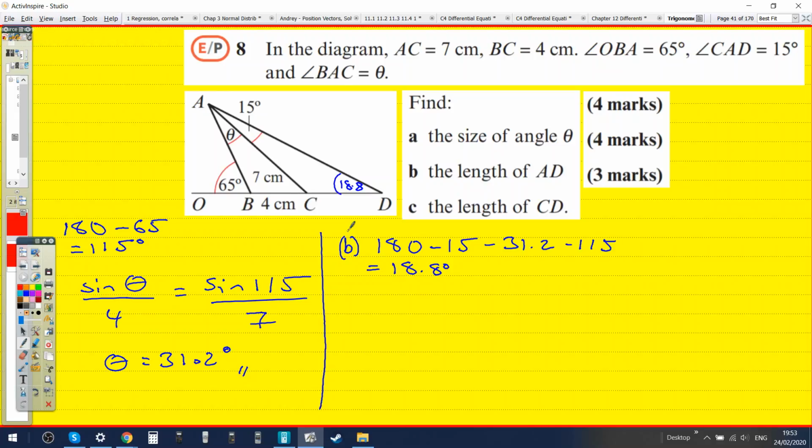We need to find AD first. Sorry, is it okay if you write down the 115 degrees, please, on the triangle so I know what we've got and stuff.